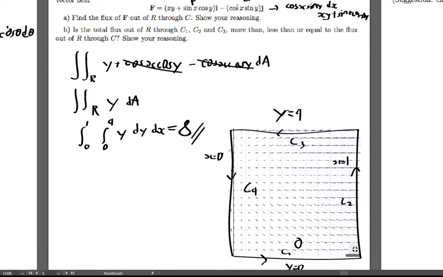Wait, actually, why? Literally, why? It doesn't really make any sense. The more I think about it, when y is 0, dy is 0. I know the bottom side there is 0. C2 is something.